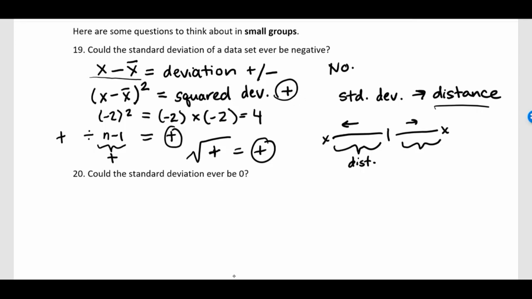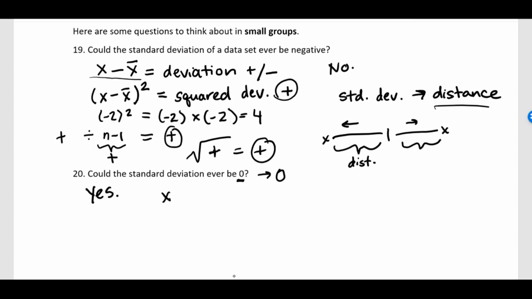Now, number 20: could the standard deviation ever be 0? The answer is yes. There's really only one very particular case where this is going to happen. It helps to think about what standard deviation is. What would it mean if we have a standard deviation of 0? That tells me that on average, all of my data points are 0 distance away from the mean.